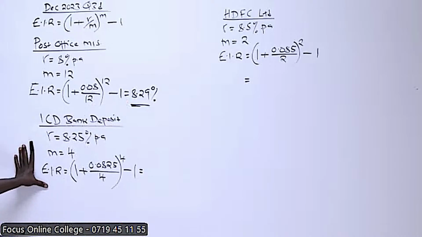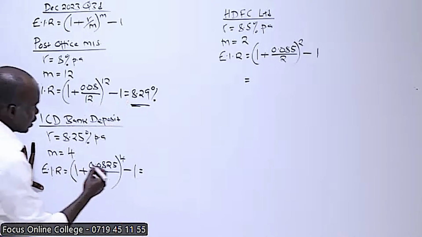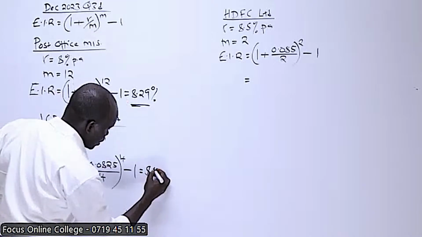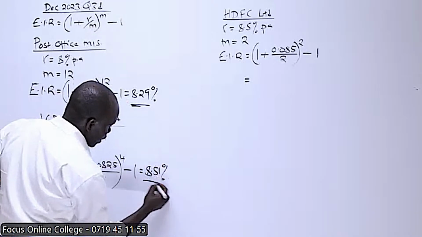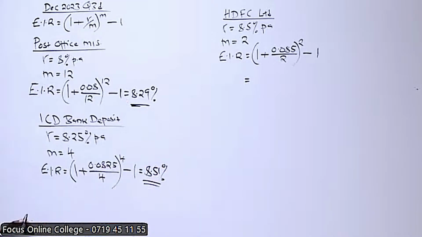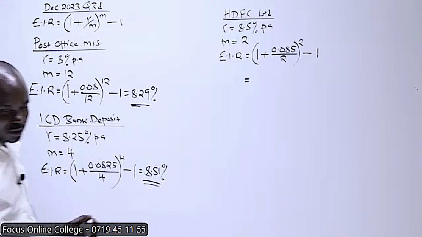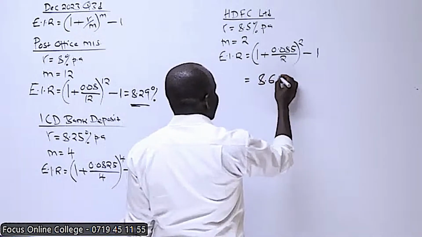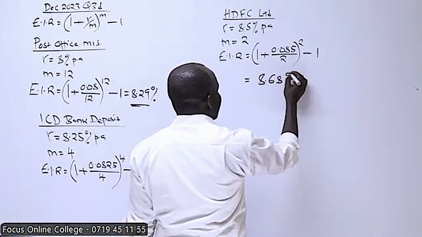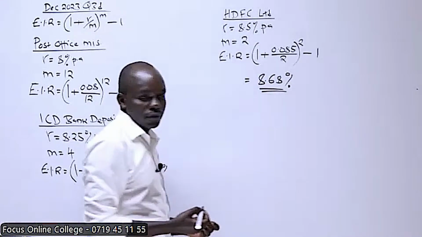ICD. Okay, 8.51. Let's have the answers in 2 decimal places. 8.51. Then the other side, HDFC, 8.68.